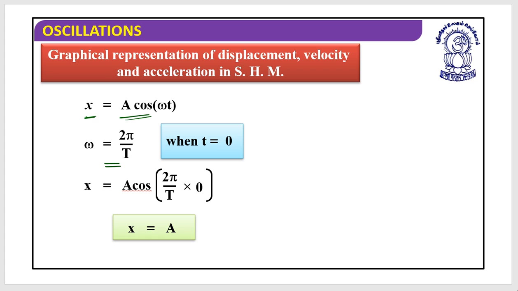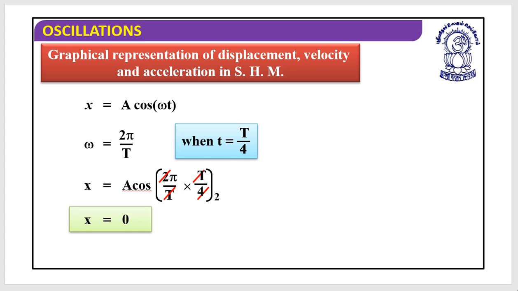I am going to replace this omega with 2 pi by T, and when I put t equals 0, x equals a cos of 2 pi by T into 0. This is cos of 0 degree, which is 1, so x equals a.